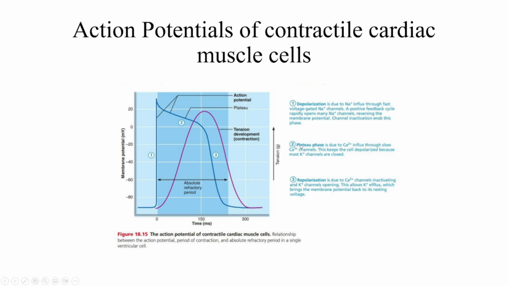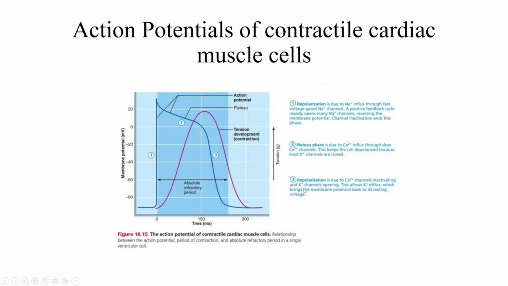Number 2 is what's called the plateau phase, and this is due to an influx of Ca2+ through the slow Ca2+ channels. This keeps the cell depolarized because most of the K+ channels are closed at this point. So here's number 2, and of course you've got the plateau.